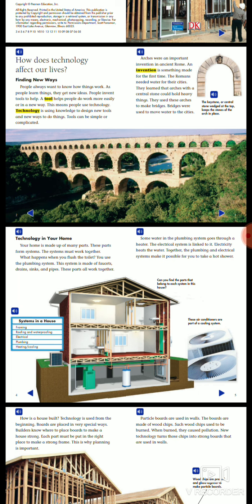They learned that an arch with a central stone could hold heavy things. They used the arch to make bridges. Bridges were used to move water to the cities. The keystone, or central stone, was at the top. It kept the stones of the arch in place.